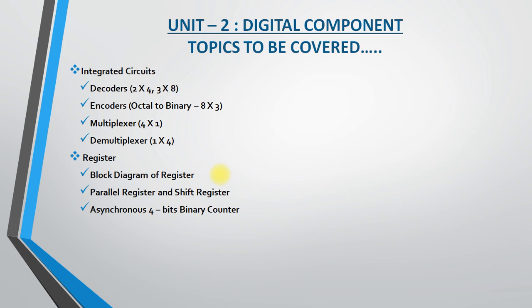Next is called registers. We have the block diagram of register. There are two types of register, parallel register and shift register, and last asynchronous 4-bit binary counter. So these all are the list of topics which we are going to cover in this particular unit.